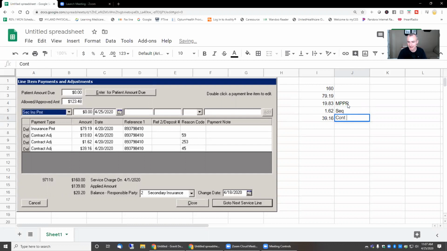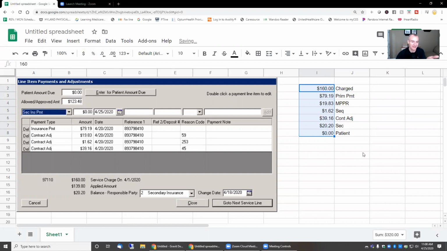This is contract adjustment. This is primary payment. This was charged. Now we have secondary and patient balance, if any. So right now we've got 2020 going to the secondary, and we're going to say 0 for the patient. So I'm going to throw a $ on all of this.